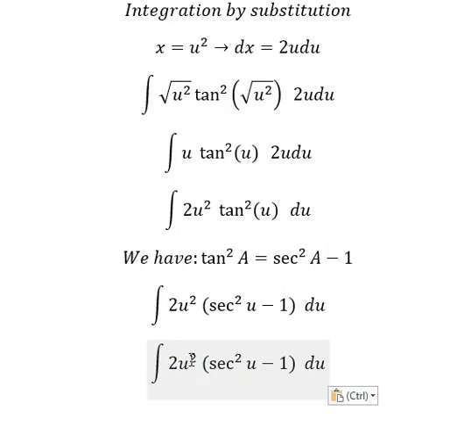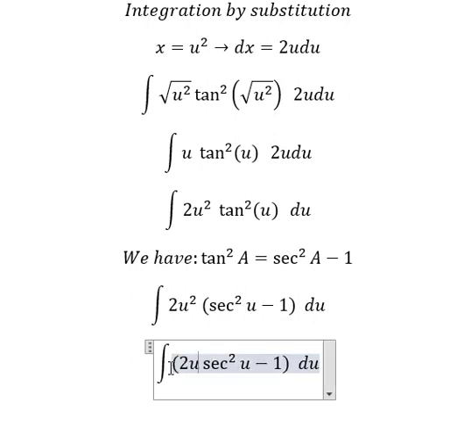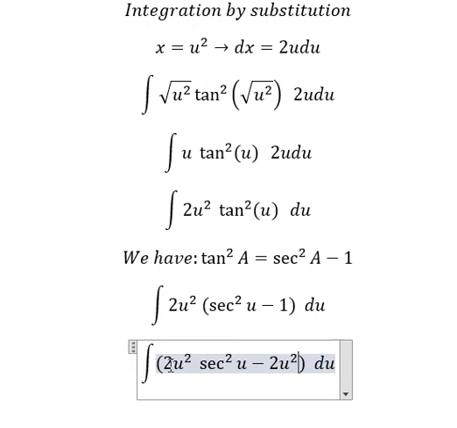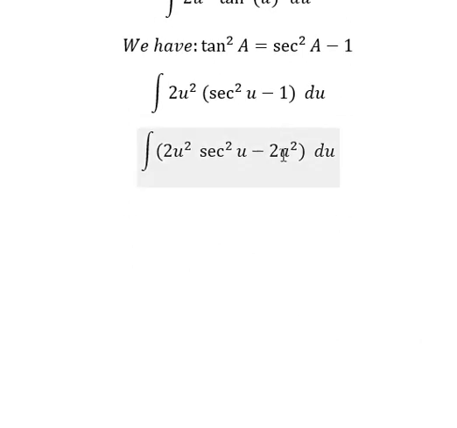So 2u square multiplied by this one and number 1. So the integration of u square is u to the power of 3 over 3. We put positive number 1, 2 plus 1, we have number 3, and number 3 here.